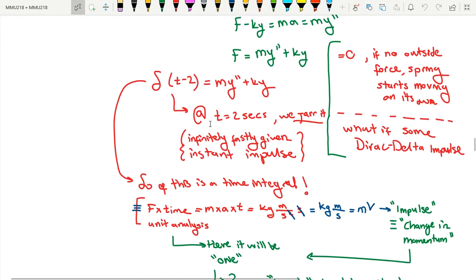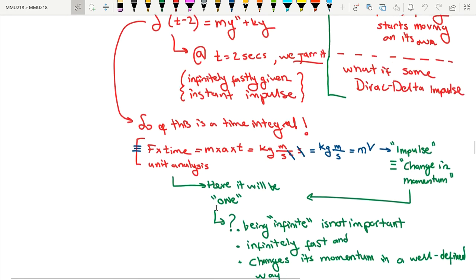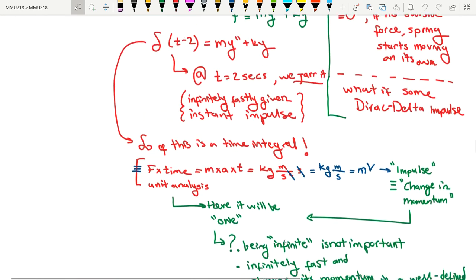If I take the Laplace of both sides, which I can do, as in my numerous exposures to ordinary differential equations where I take the Laplace of the outputs, and let's say this is my input, that will become a time integral. That's advantageous because something quite abstract now becomes a well-defined momentum change within the integral.